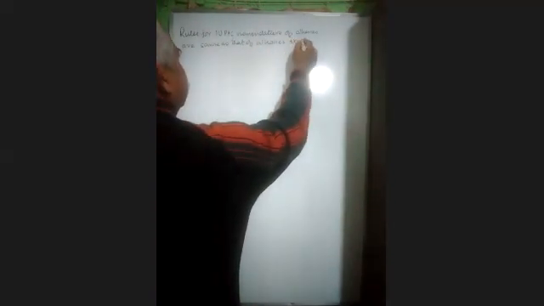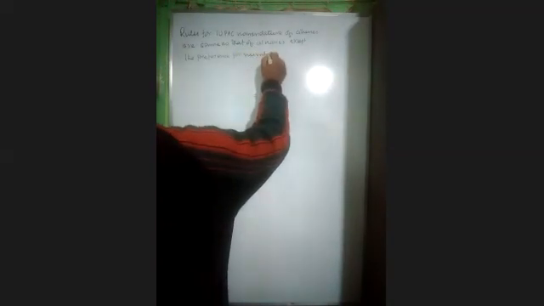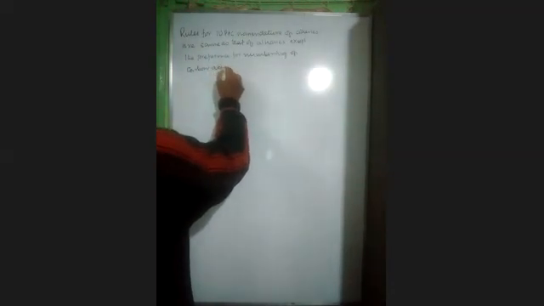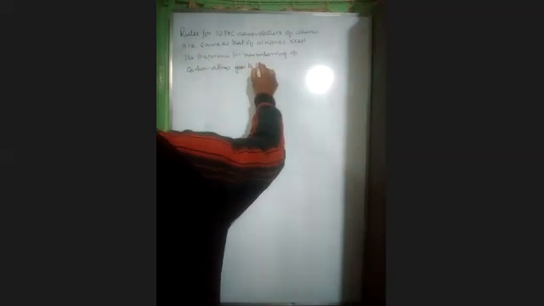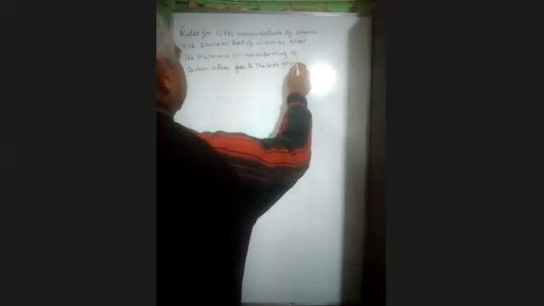Except the preference for numbering of carbon atoms goes to the side from where the double bond is nearest.